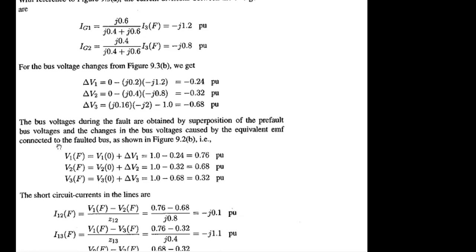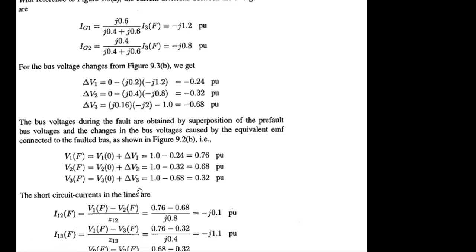Okay. So when we have determined the fault current as well as the bus voltages during fault, V1, V2, V3, we can now determine the line current as well. Can we do that line current calculation based on that fault bus voltage? Yes, sir. So if we want to find I12 during F, that will be simply V1F minus V2F, which is 0.68, over the impedance of that branch Z12.